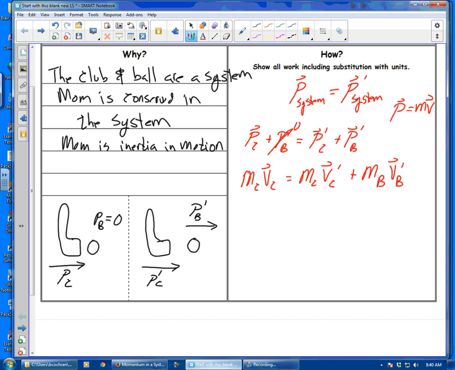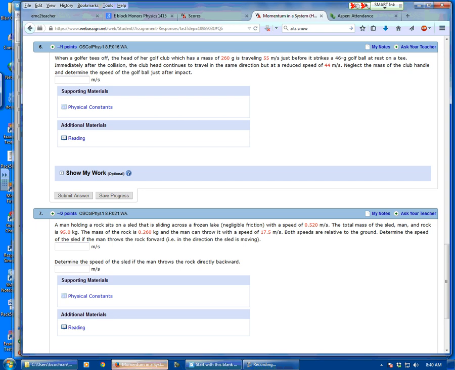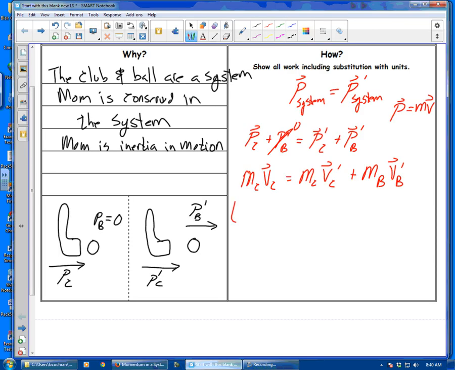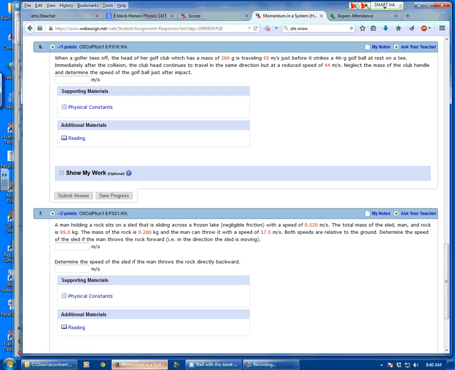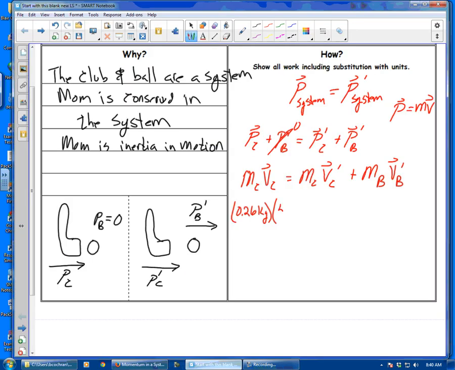So I'm going to look at the inertia of my club, which is 0.26 kilograms. Velocity of the club beforehand is 55 meters per second. Equals inertia of the club 0.26 kilograms. I'm assuming to the right is positive.